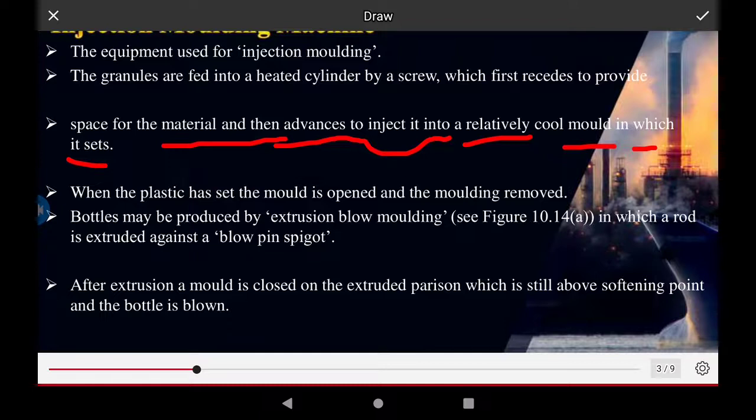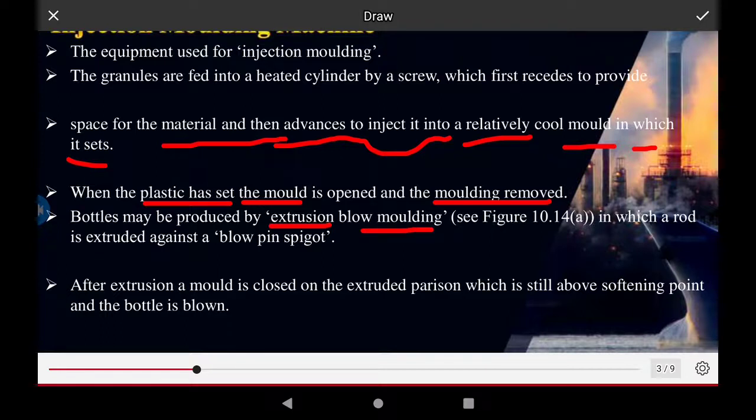When the plastic has set, the mold is opened and the molding is removed. The product may also be made by extrusion blow molding.